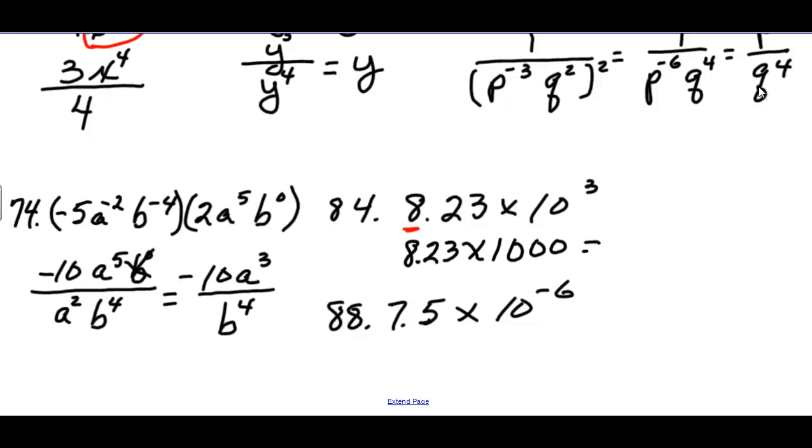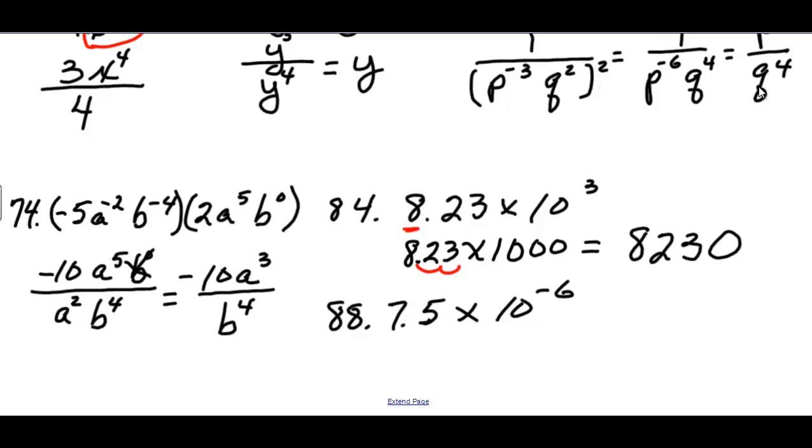And as we learned a long time ago, all we have to do is start moving our decimal point to the right, however many places it says. In this particular case, it's 3 places. So it's 8, 2, 3, and one more place makes it 8,230.